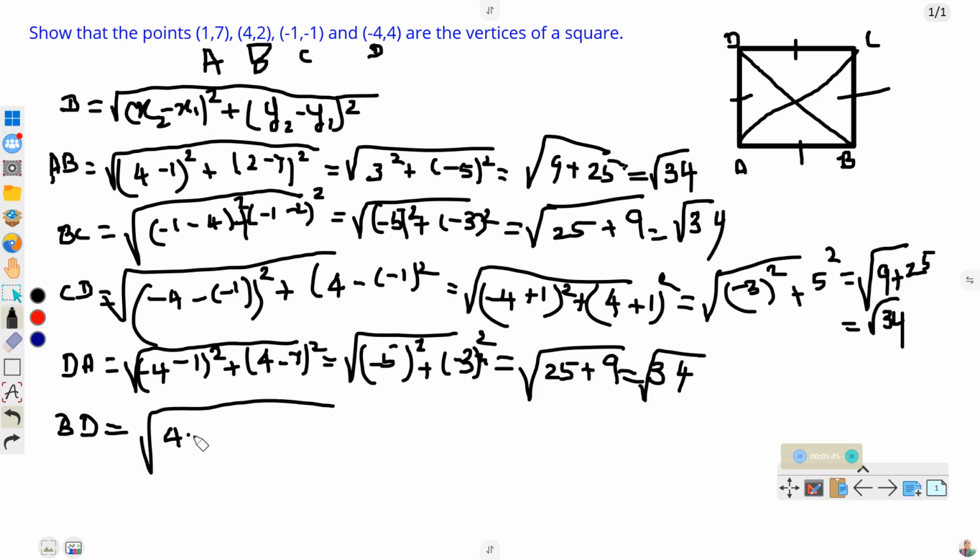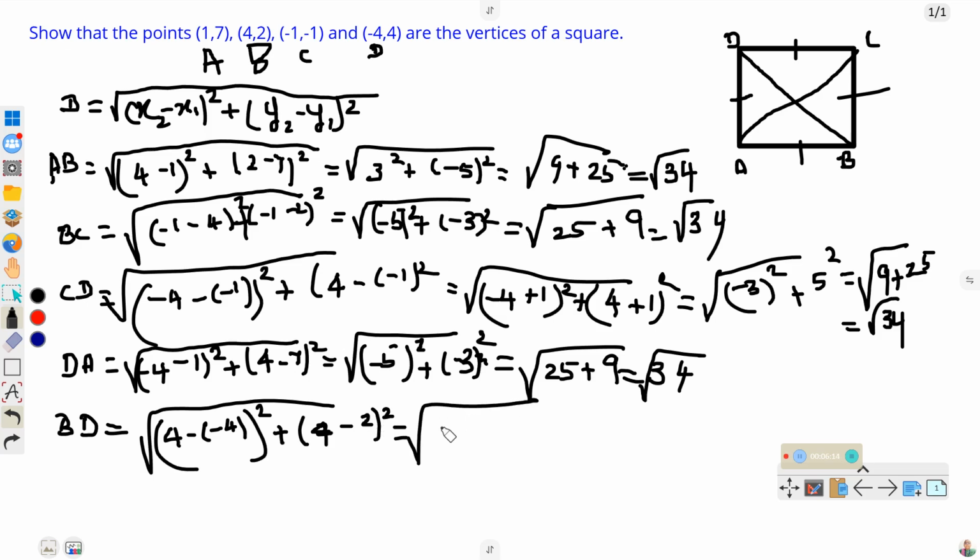So x2 minus x1, minus 4 minus 4 whole square, plus y2 is 4, y1 is 2, so 4 minus 2 whole square.